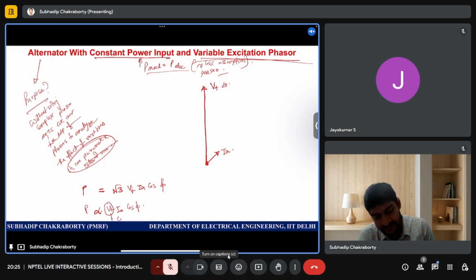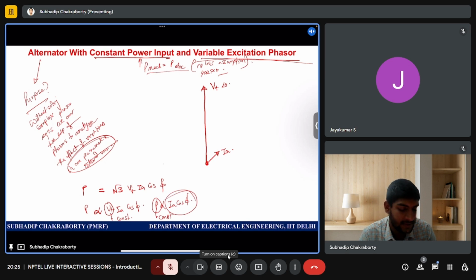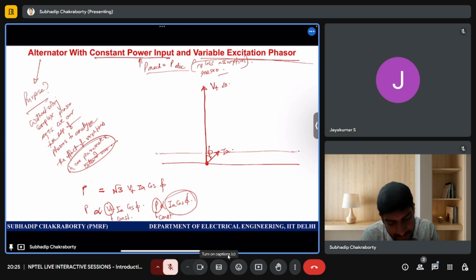But VT is constant for alternator. So P proportional to IA cos phi. But if P is constant, I told you, IA cos phi is constant. So if this angle is phi, this is the constraint line. IA cos phi constant because power is constant.